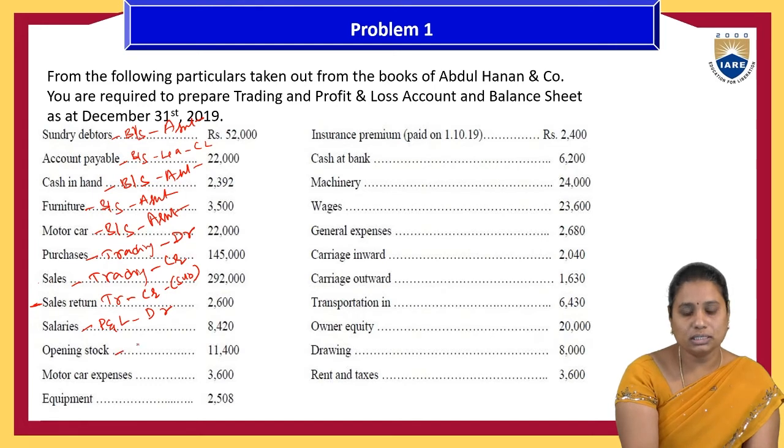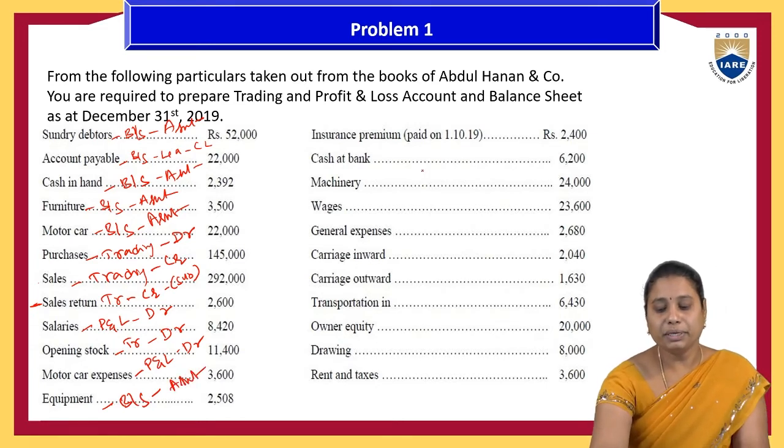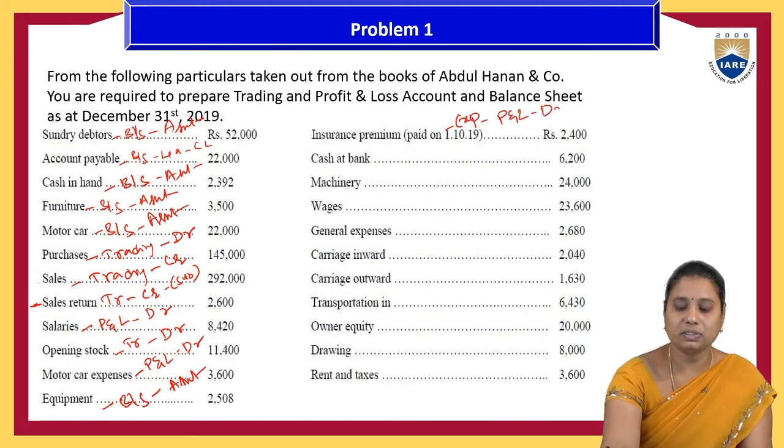Opening stock is the trading account, debit side. Motor car expenses, these are expenditures, profit and loss account, debit side. Equipment is the balance sheet, assets side. Insurance premium paid by the organization is an expenditure, so profit and loss account, debit side.